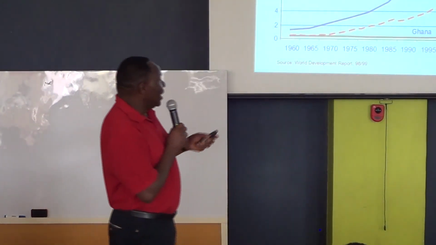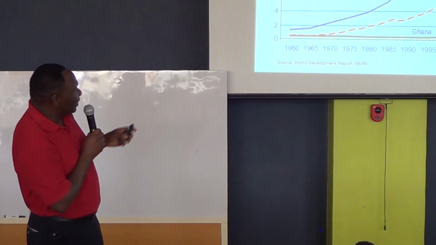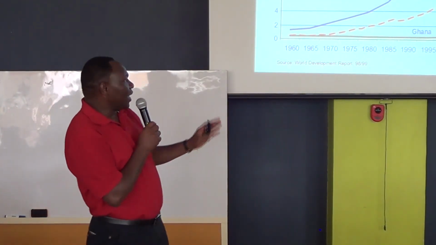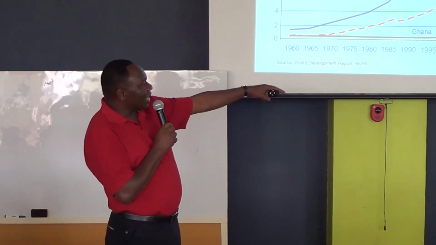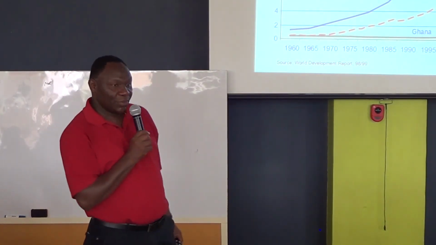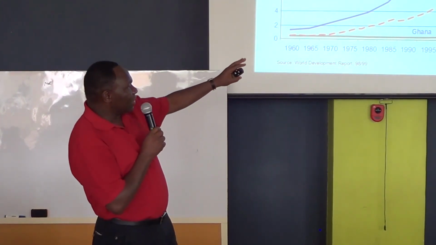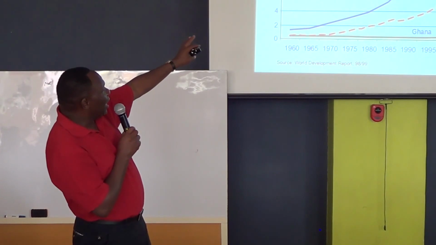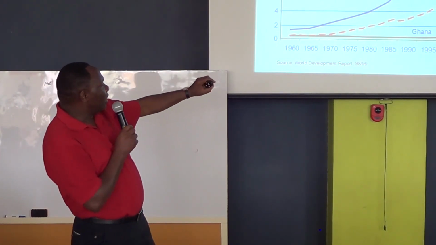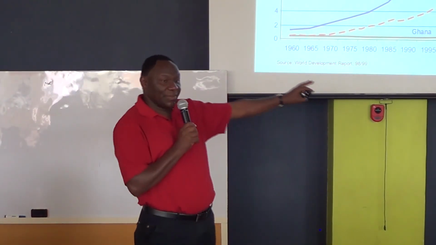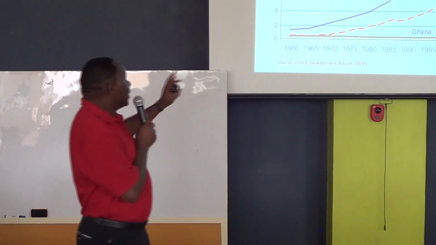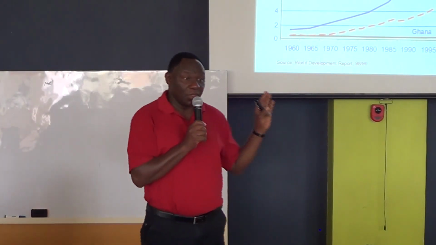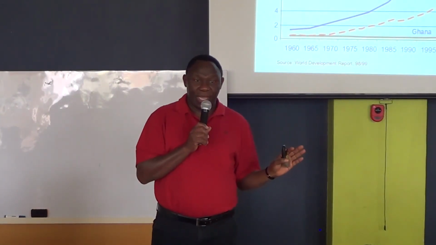This is a graph, although a bit old, but even if it's extended, what you would see is that Korea kept on going up and Ghana remained where it was, meaning there is a knowledge gap between Korea and Ghana. Ghana is about the same size as Kenya. This is because of knowledge.